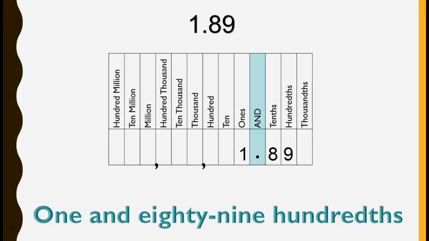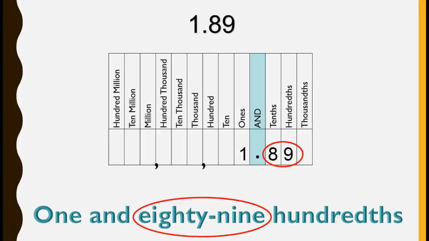Okay, so first you take a look at the number in front of the decimal, 1. Then you say the decimal, and then you take a look at the number after the decimal, 89, right? That's 89. That's easy.